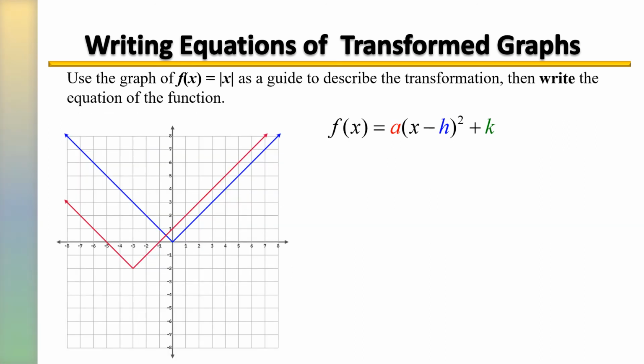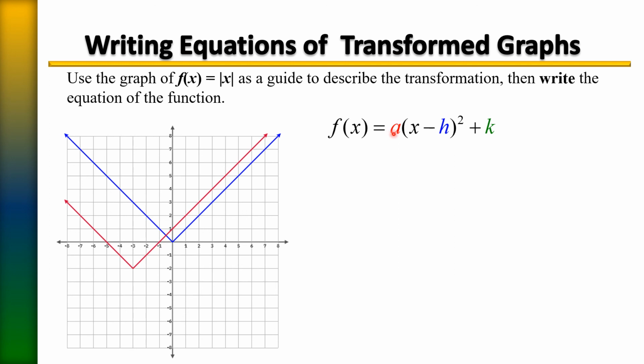Let's do another one. In this example, we're going to use the graph of the absolute value of x as a guide to not only describe the transformation, but to write the equation for the transformed function. So here we have the absolute value parent function, and first let's determine whether there's going to be any type of number out here.